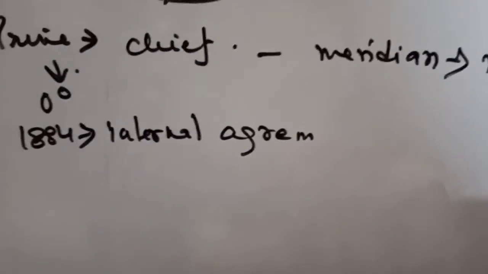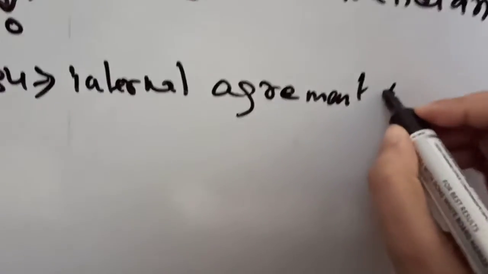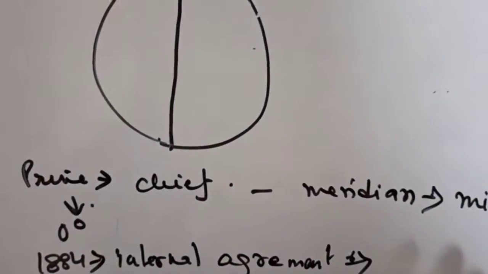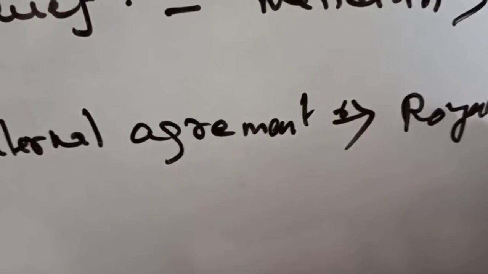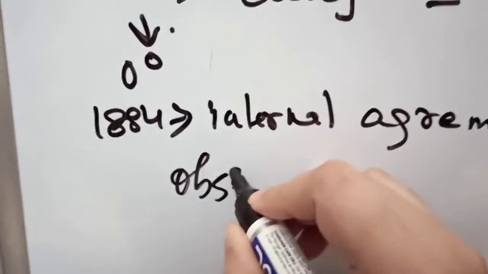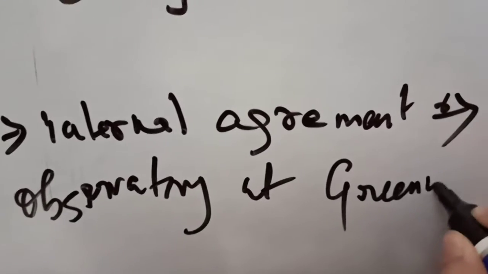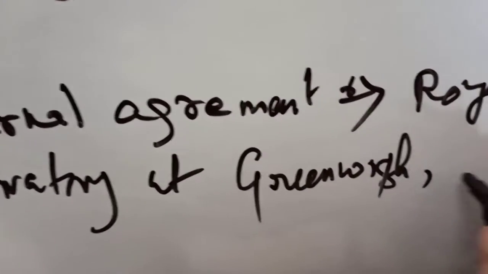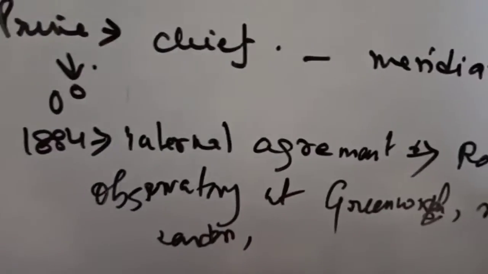agreement, it was decided that this prime meridian, that is passing through the Royal Astronomical Observatory at Greenwich near London, would be considered as the prime meridian.